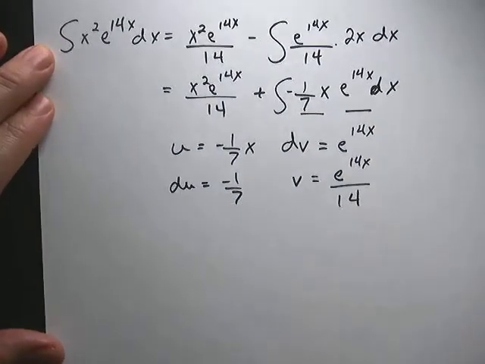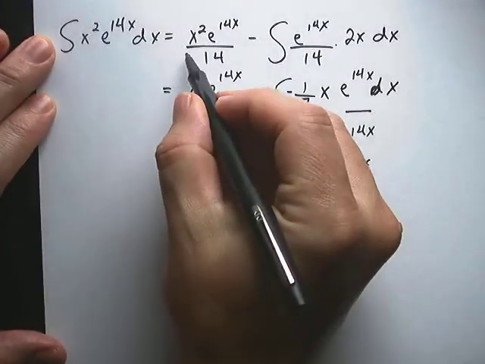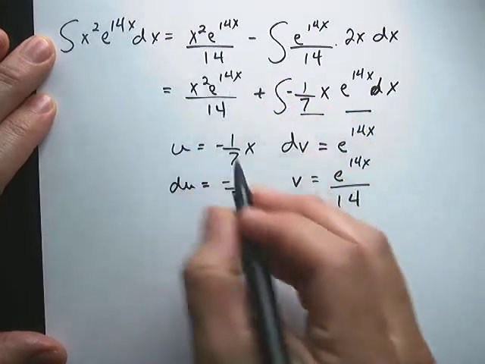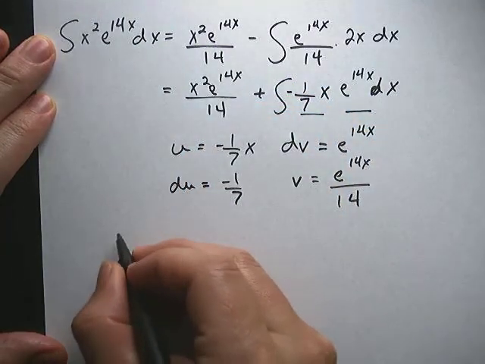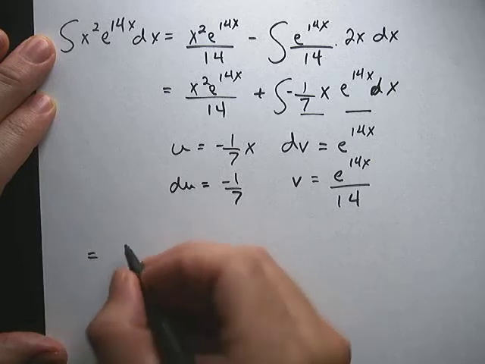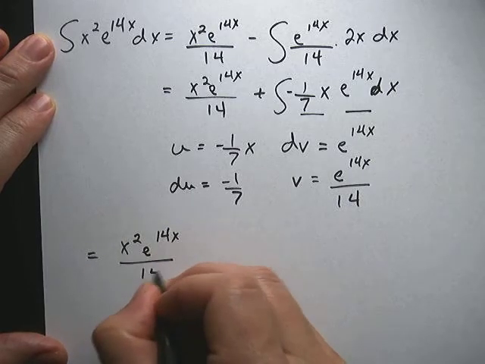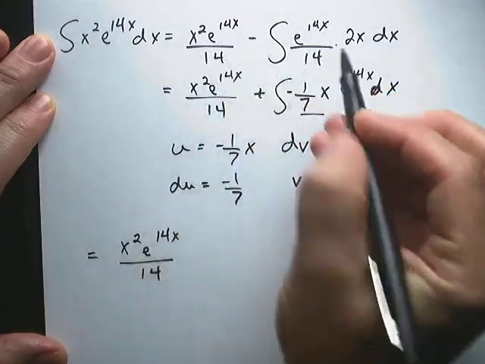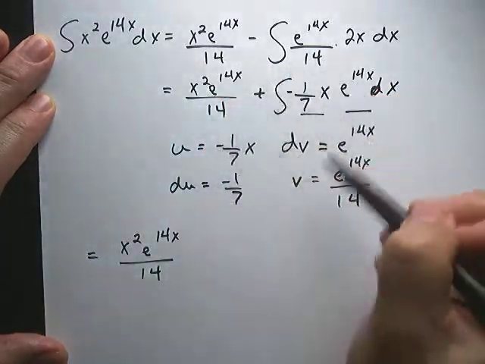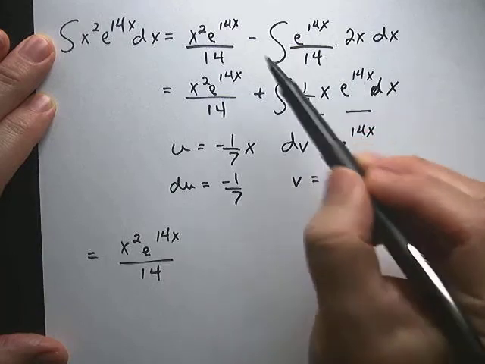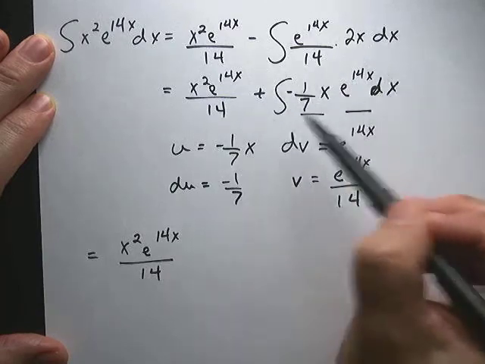Now the first thing that we need to do before we do that is take this term right here and write it down. So let's put an equal sign here, x squared e to the 14x over 14, because that was here before. This integration by parts that we were doing was for this term that we were splitting up.